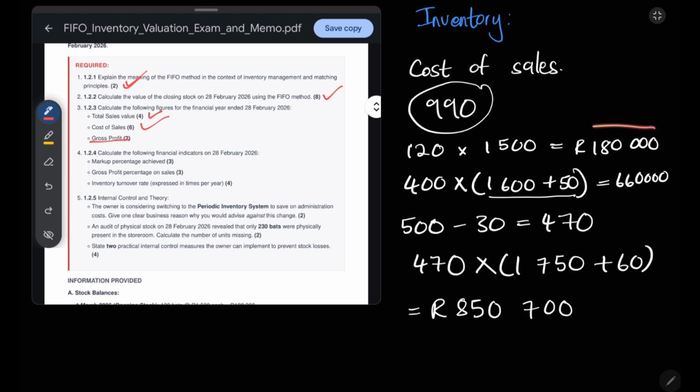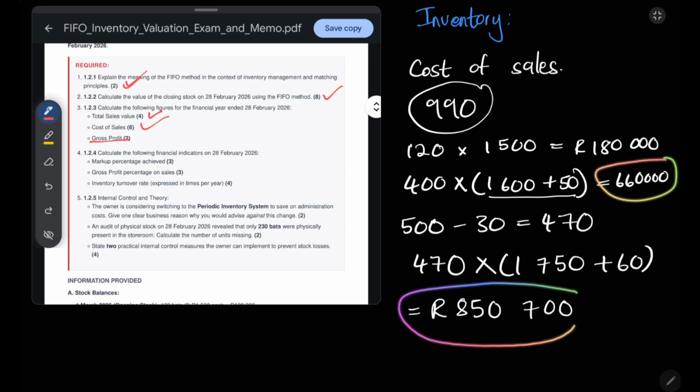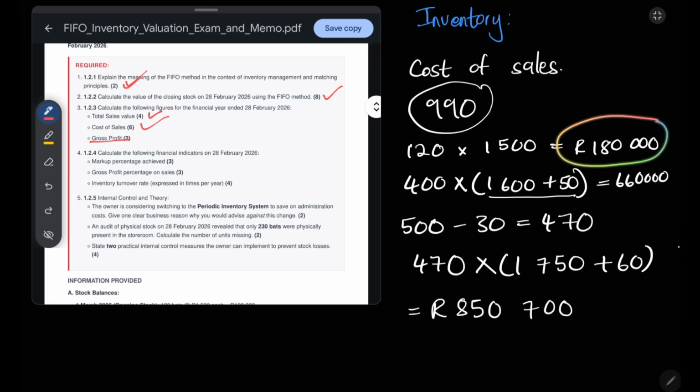So we have to say 180,000 plus 660,000 plus 850,000 rand. That will give us our cost of sales. Remember I said you want to find the value of these 990 units, and so far we've been focused on the units and we did find some values, 3 values. So we need to add those values to get the total amount.